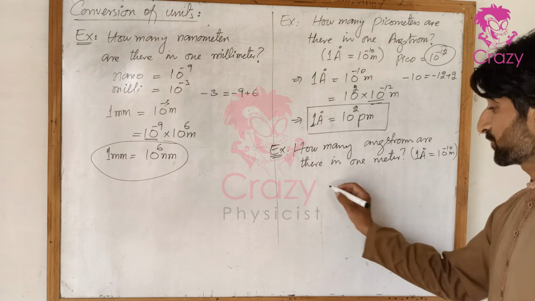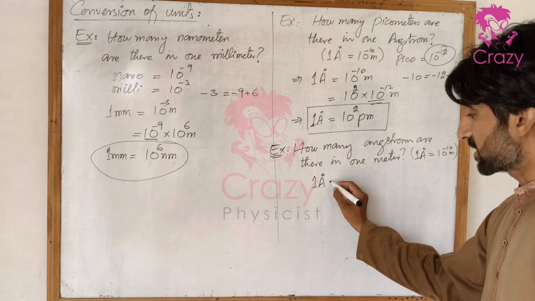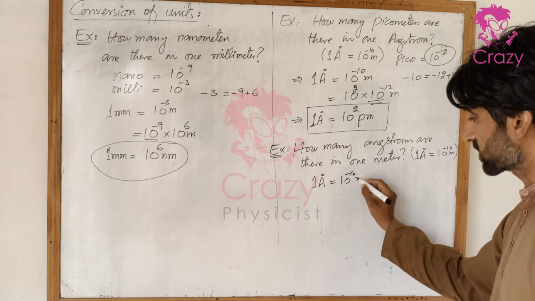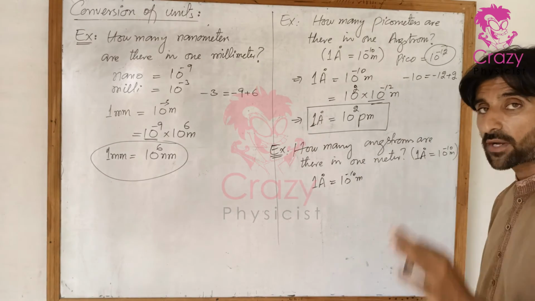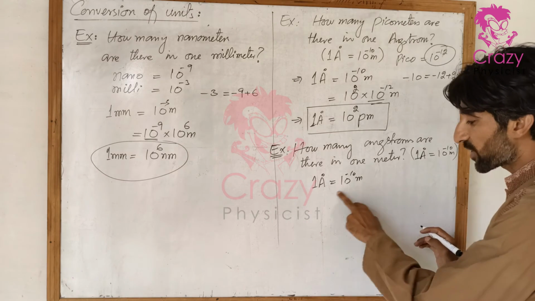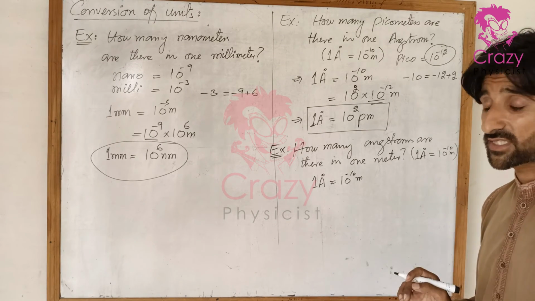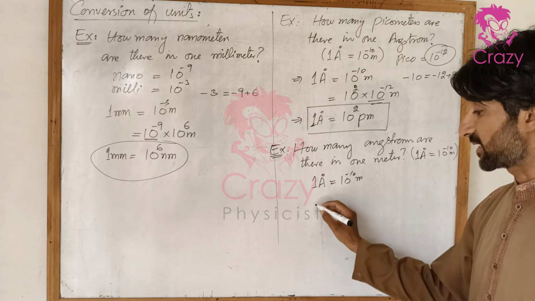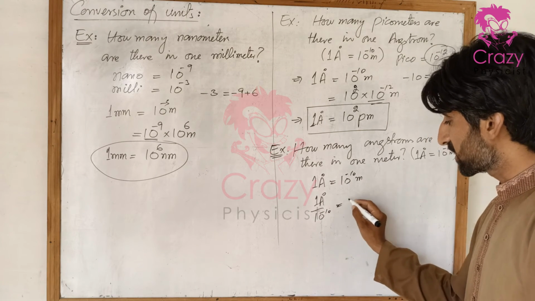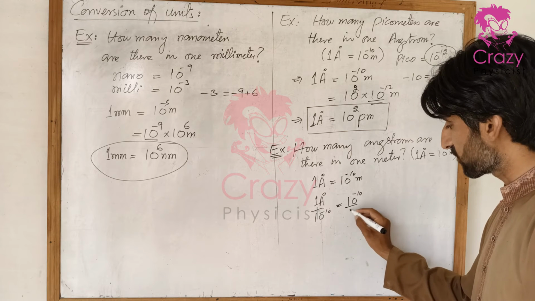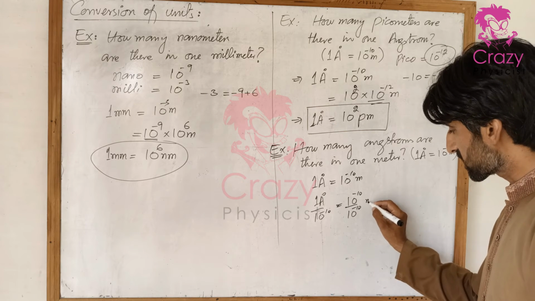You can follow me, look at this. 1 angstrom is equal to 10 raised to the power minus 10 meter. We need 1 meter, so what we have to do is divide both sides by 10 raised to the power minus 10. So 1 angstrom divided by 10 raised to the power minus 10 is equal to 10 raised to the power minus 10 meter divided by 10 raised to the power minus 10.